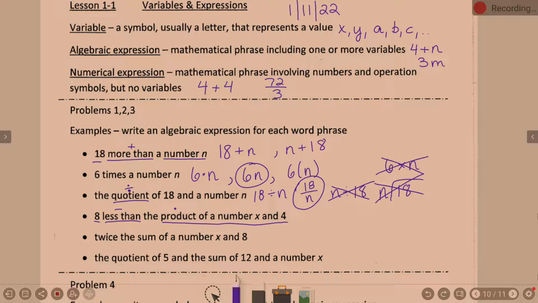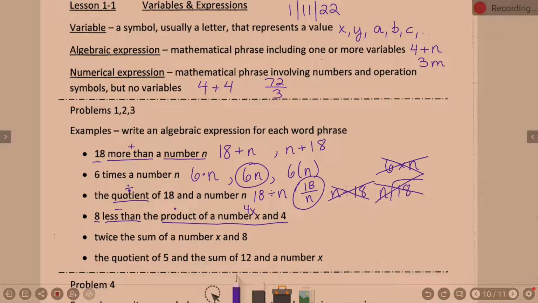So how do I show the product of x and 4? It's times, so I'm going to say 4 times x. How did I do that earlier? I did 6n earlier, so 4x.